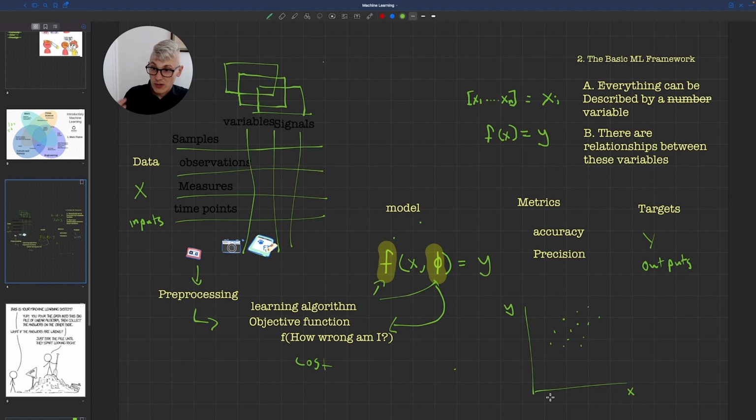Did anybody, when I said model, picture a line like this? Because this line is of the form y equals beta x plus some parameters, let's call them theta 1 and theta 2. So this linear model is also a model.